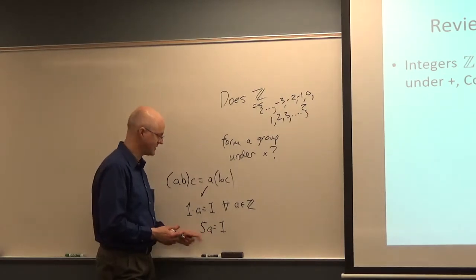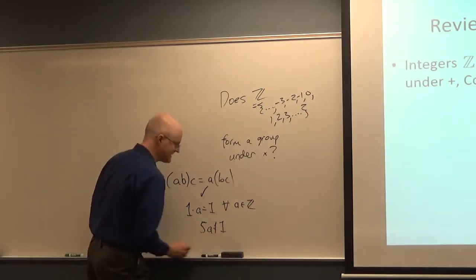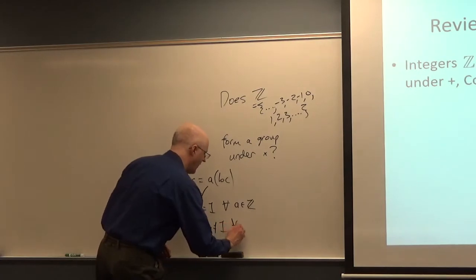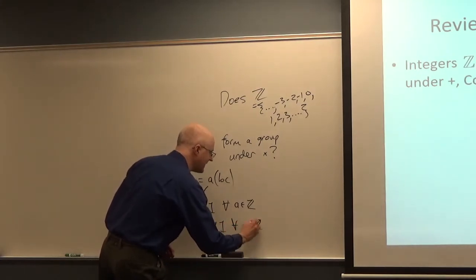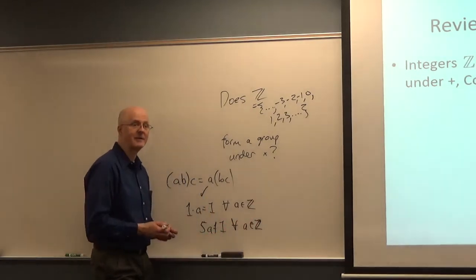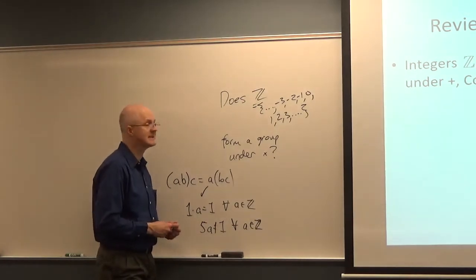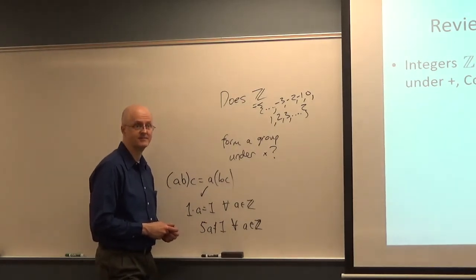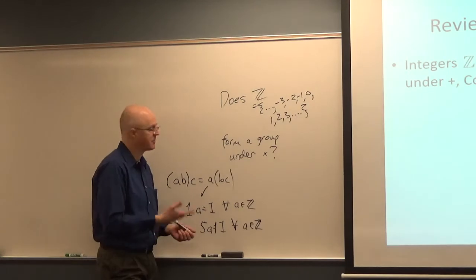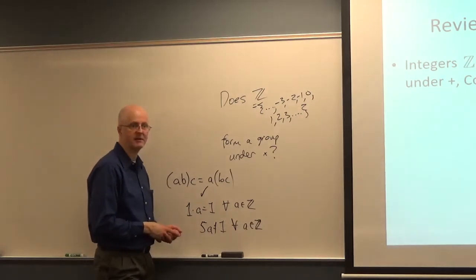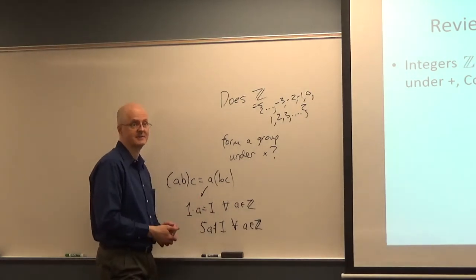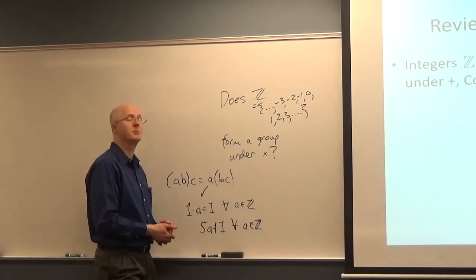But this is not true for all integers a. So the only thing that doesn't hold is the existence of multiplicative inverses, except for plus or minus 1. Plus or minus 1 have multiplicative inverses, but no other integer does. So it's not a group.